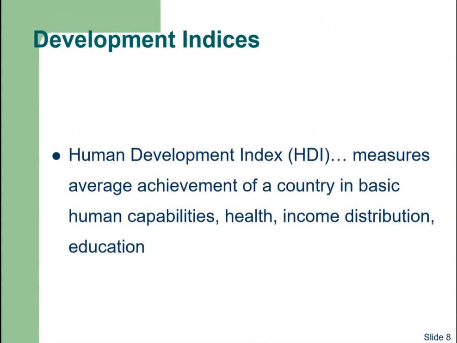The Human Development Index measures the average achievement of a country in basic human capabilities: health, income distribution, and education. That is, in the Human Development Index, we include a measure of health, a measure of income distribution, and the level of education or literacy.